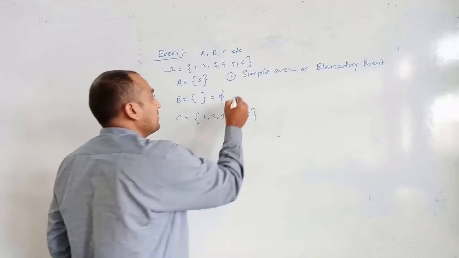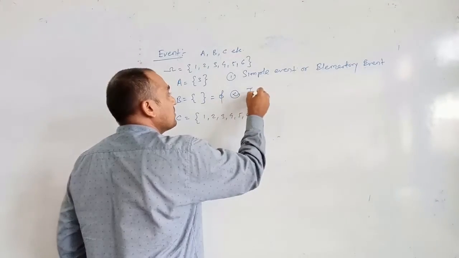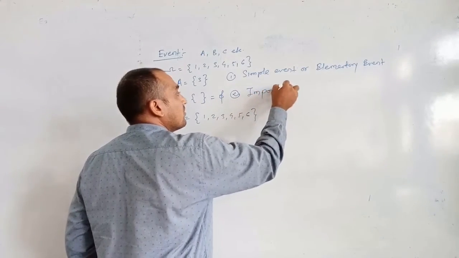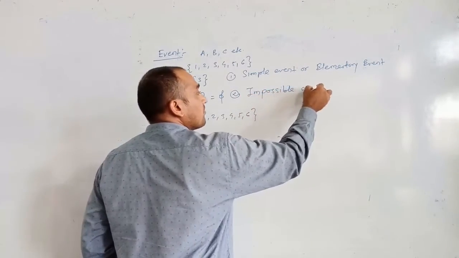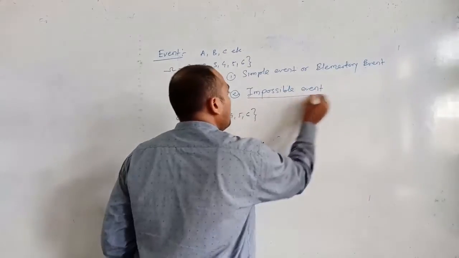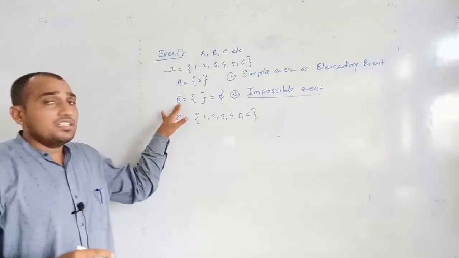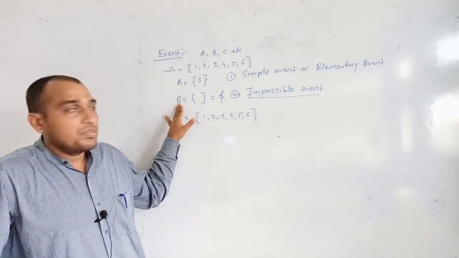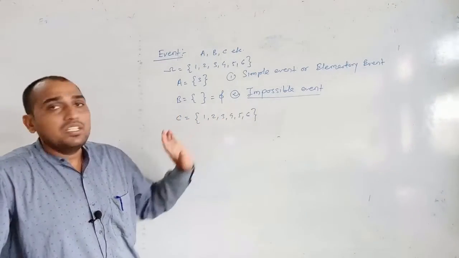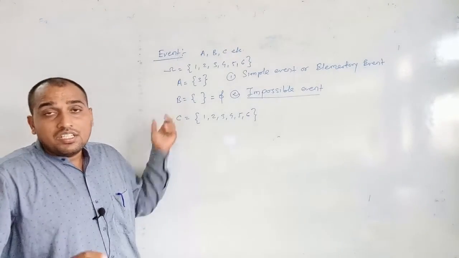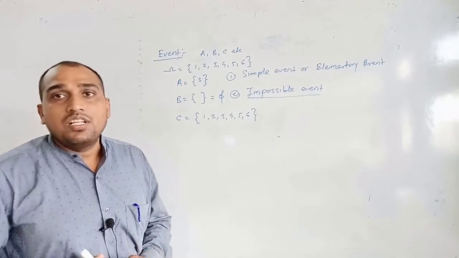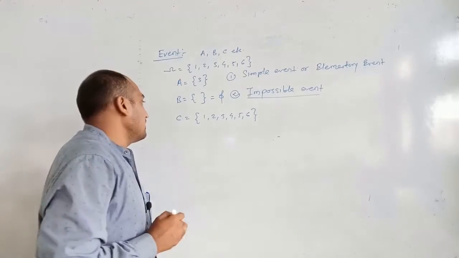Number 2 is impossible event. Impossible event means the event which does not contain any element from the sample space, or the event related to the empty set, is called an impossible event.